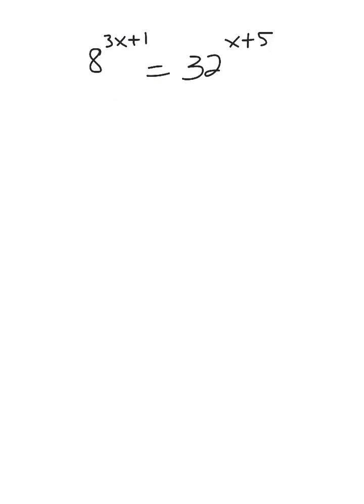Okay, so I have exponential equations. So for these, I can get the same bases. So I can write 8 with a base of 2, so it's 2 to the 3rd raised to the 3x plus 1. And I could write 32 with a base of 2, that's 2 to the 5th to the x plus 5. So once the bases are the same, the exponents are equal.